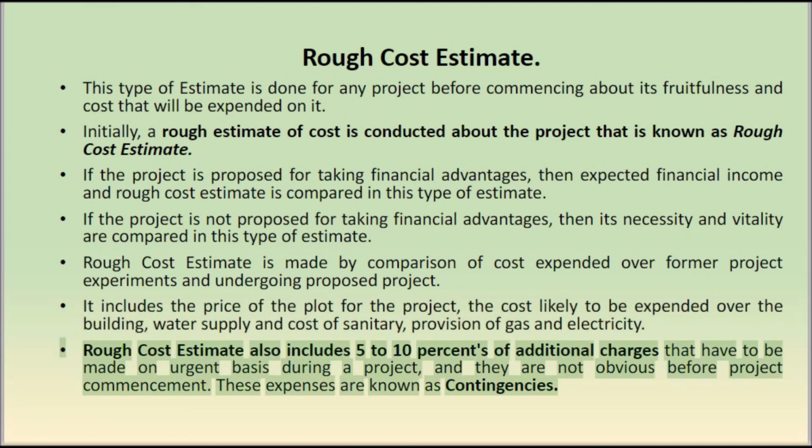Rough cost estimate also includes 5 to 10% of additional charges that have to be made on an urgent basis during a project, and they are not obvious before project commencement. These expenses are known as contingencies.